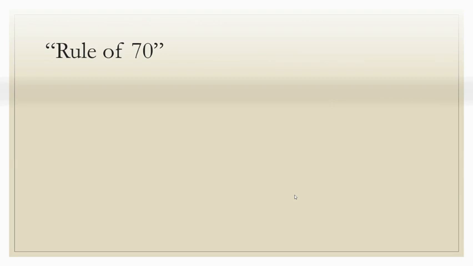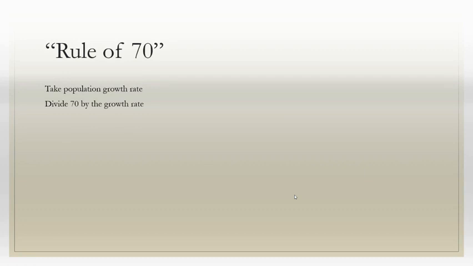Within this, we have what's called the rule of 70, and this is a math shortcut and exists pretty much only in this class, AP Environmental Science. So let's say you take your population growth rate, let's say it's 4.5%, and you divide 70 by that population growth rate.